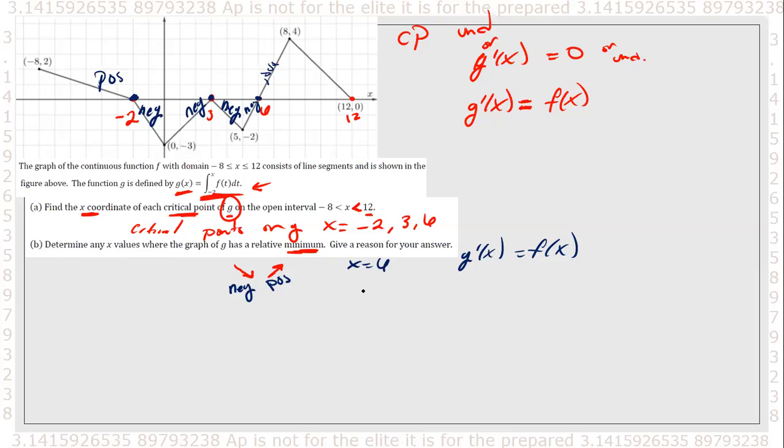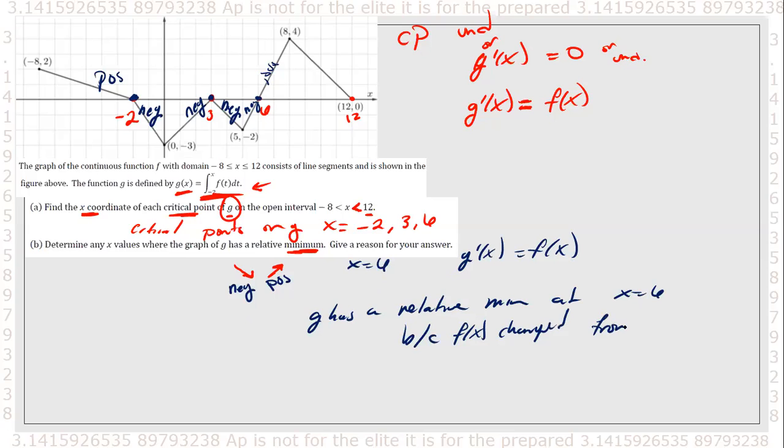So we can write this out as: g has a relative min at x equals 6 because we can see that f of x changed from negative to positive at x equals 6.